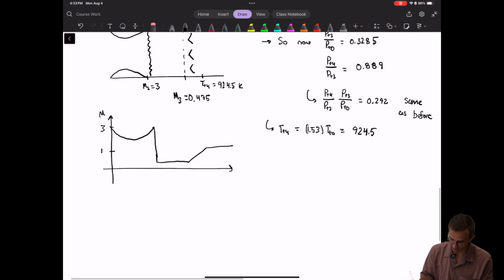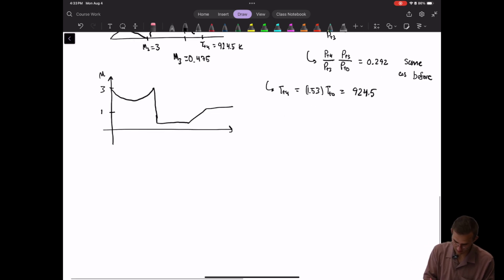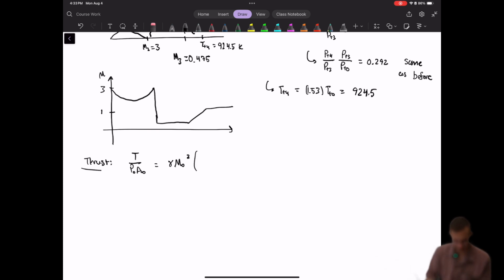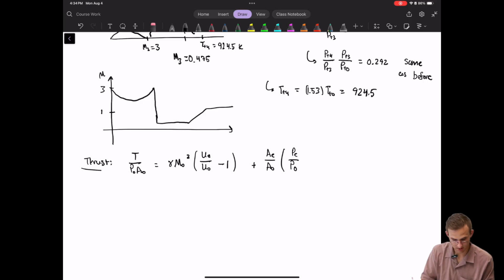Now what about the thrust? Can we compute the thrust for this system? Well, we defined the non-dimensional form of thrust in the previous lecture as gamma M naught squared, for the case where our fuel ratio is very small, times UE over U naught minus 1, plus AE over A naught times PE over P naught minus 1.